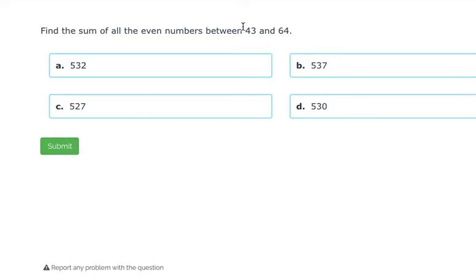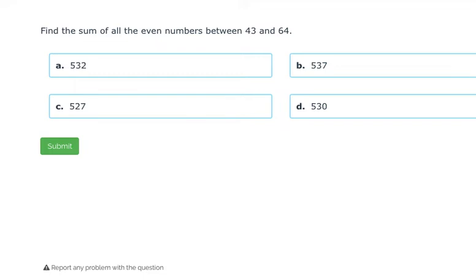So it'll be 44, 46, 48, 50, 52, 54, 56, 58, 60, 62, 64. Fine.